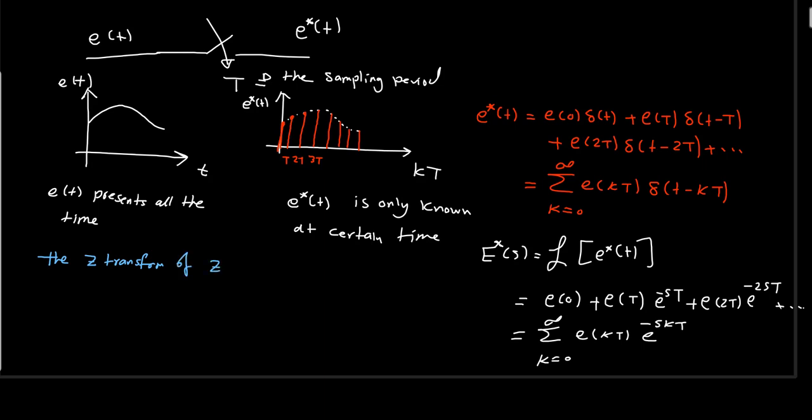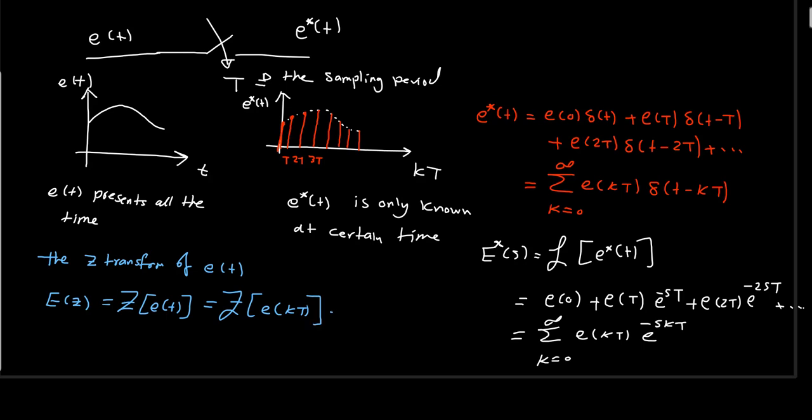The z transform. So let's take the z transform of E of t. Now we know that E of z, which is the z transform of E of t, will equal the z transform of E of kt.